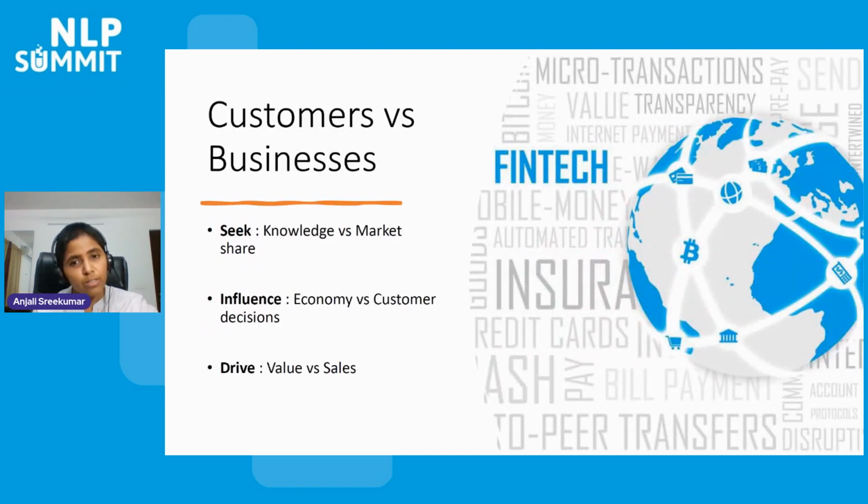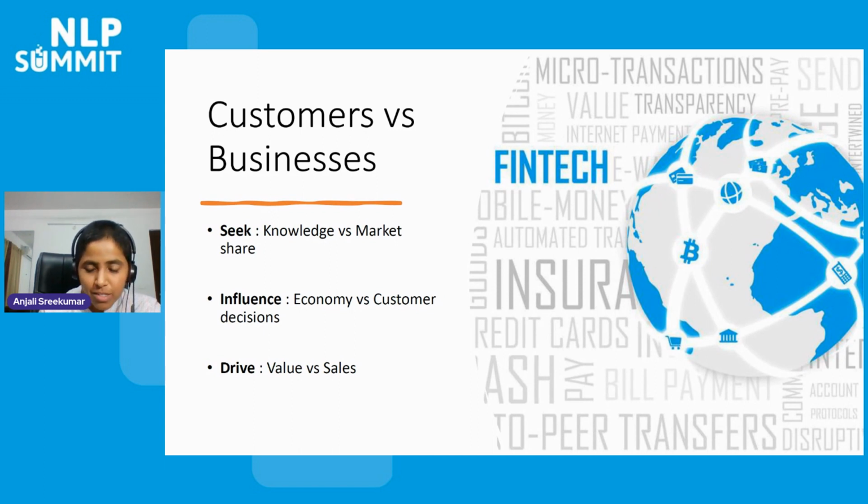So when you look at the fintech industry, what the customers look for and what the businesses are looking for are not on the same plane. If the customer is seeking knowledge, the businesses are seeking market share. If the customer is influencing economic parameters, the businesses want to influence the customer's decision in order to loop them into a specific finance product that they provide.